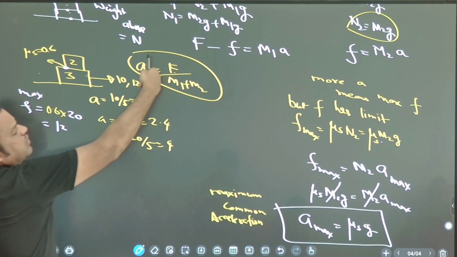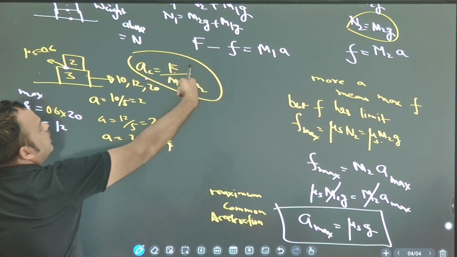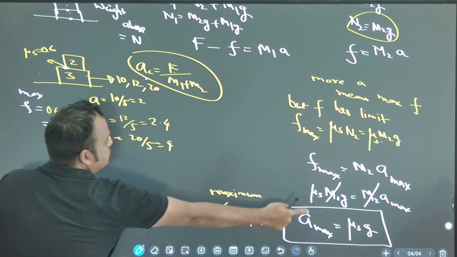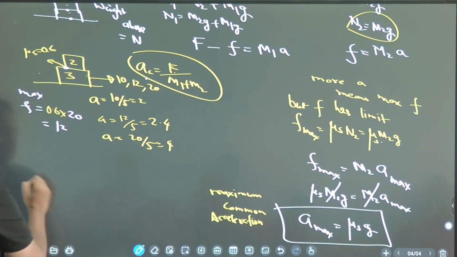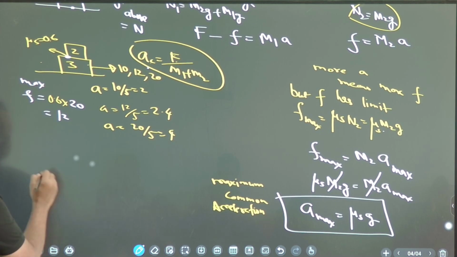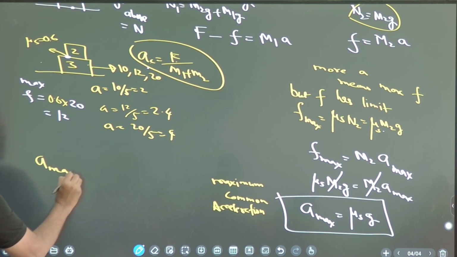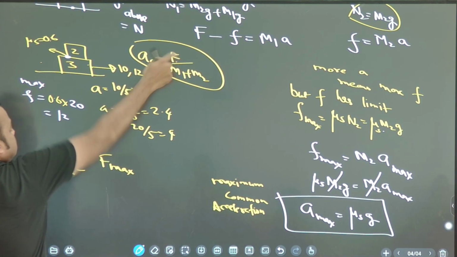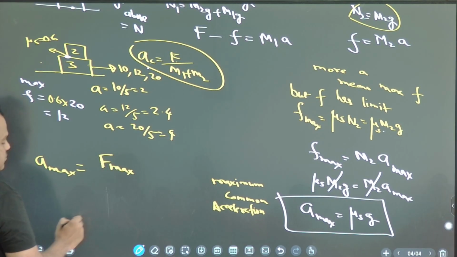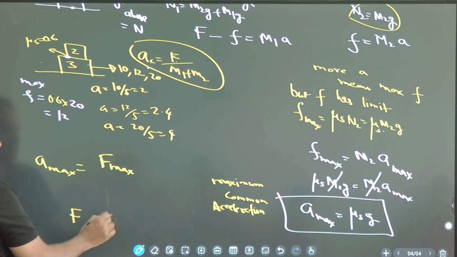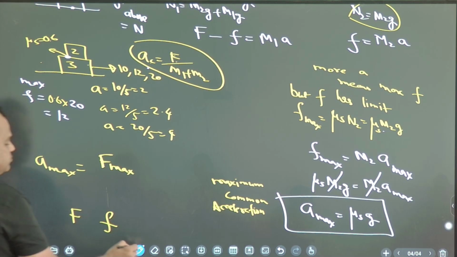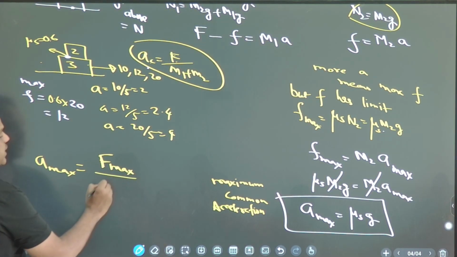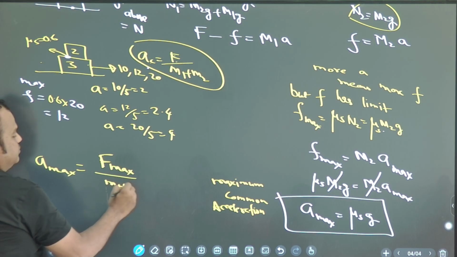What is the formula for common acceleration? F by m1 plus m2. And maximum value of this we got. Now put it here. A max is equal to F max. Capital F means external force. Small f means friction force. So A max is equal to F max by m1 plus m2.